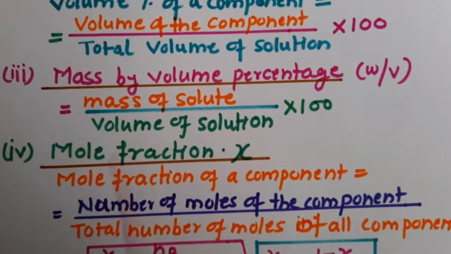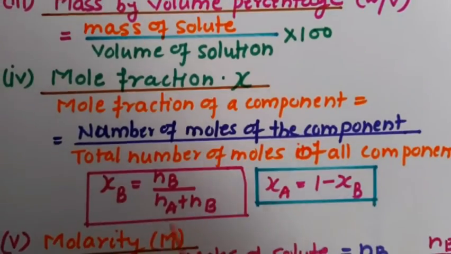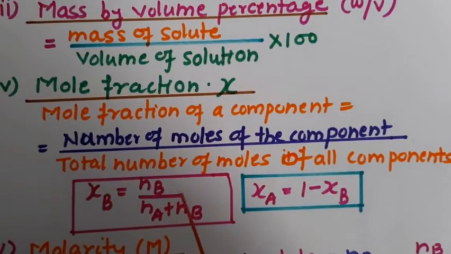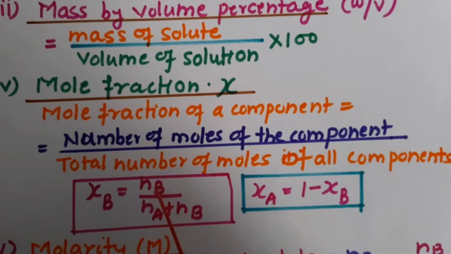Now, first of all, you have to calculate the number of moles of each component. Here number of moles of component B is given and number of moles of component A will also be given.